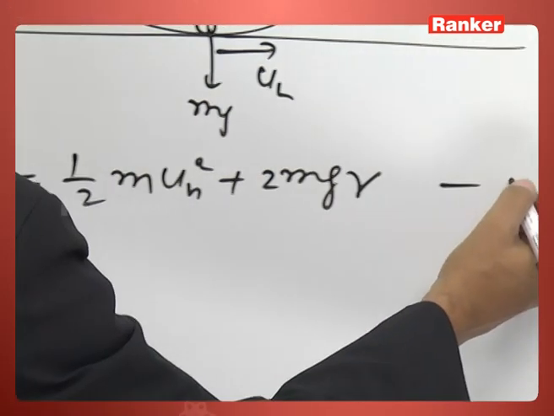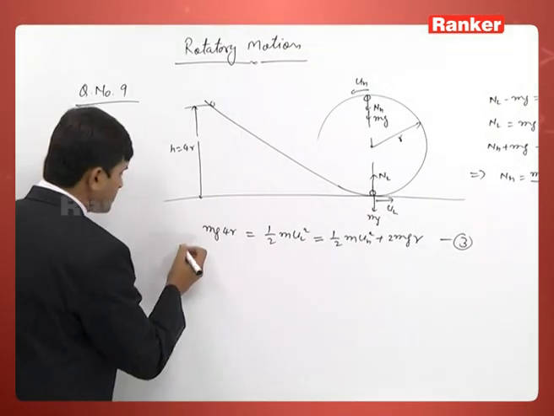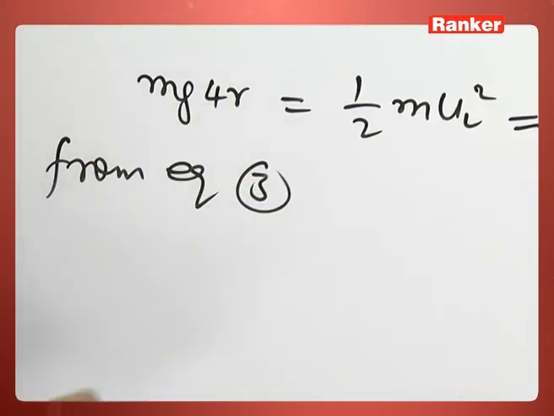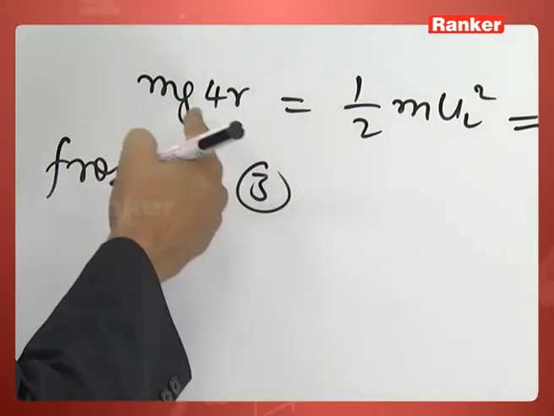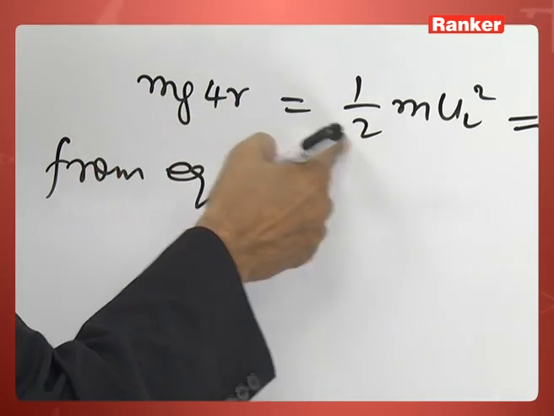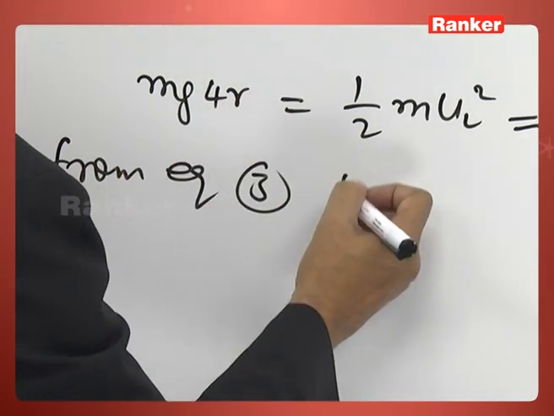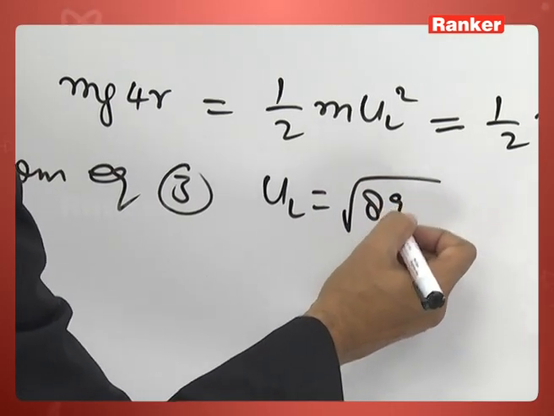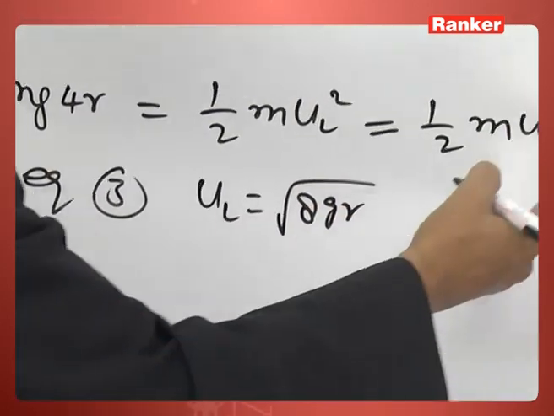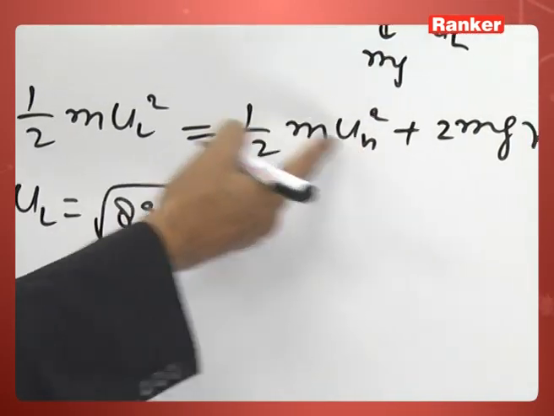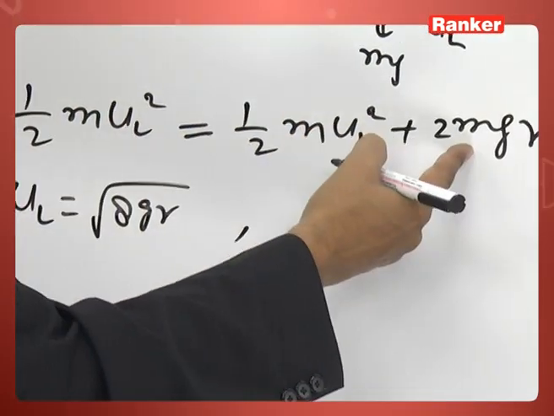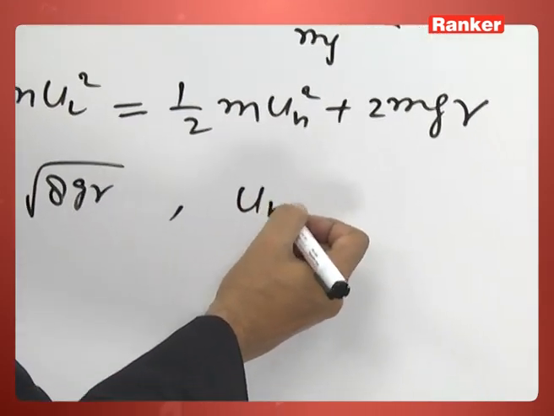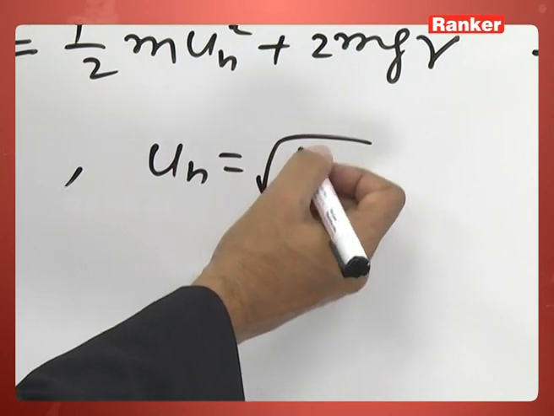From equation 3, m cancels, 2 into 4 is 8, so UL square is equal to 8 gr. And from this, 4 mgr minus 2 mgr is 2 mgr, so UH square is equal to 4 gr.